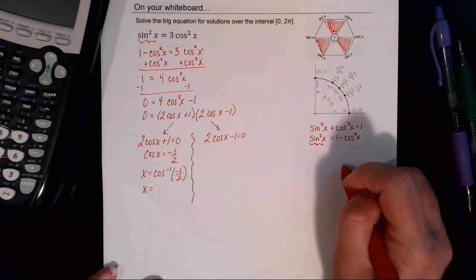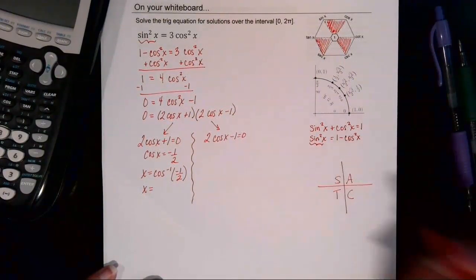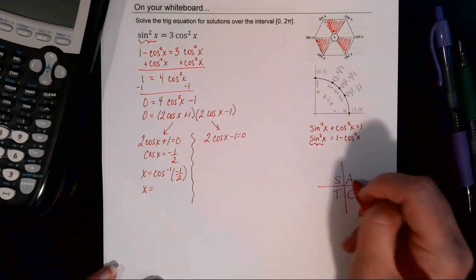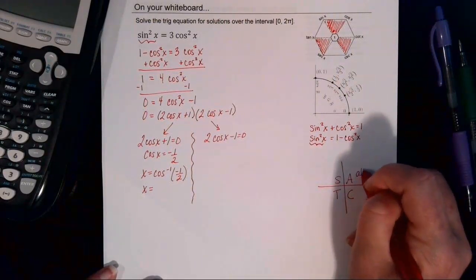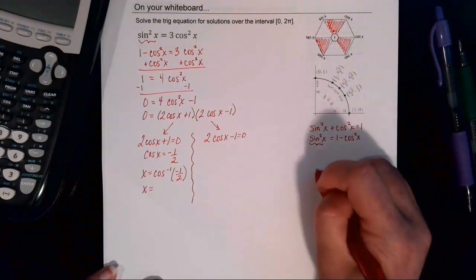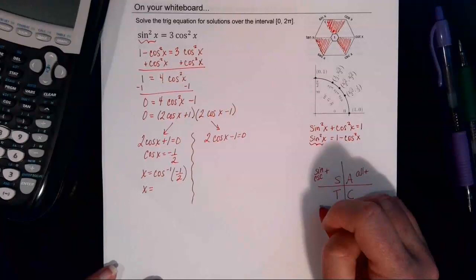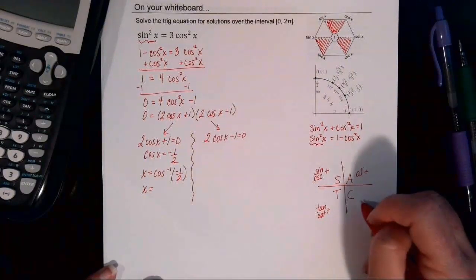If we remember the acronym all students take calculus, A stands for all of the trig functions, all 6 positive in quadrant 1. S is reminding us that the sine and its reciprocal cosecant are positive in quadrant 2. Tangent and its reciprocal cotangent are positive in quadrant 3.